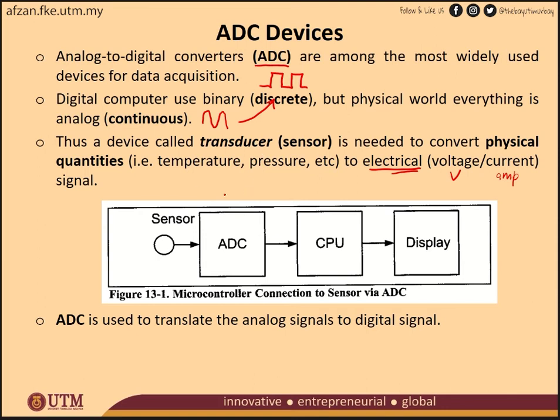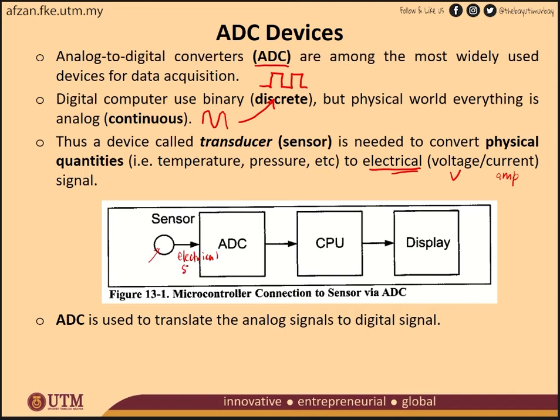So this is the overview of how to convert from an analog signal to a digital signal, in which first you read the physical signal by using a sensor. This sensor will take your physical signal and convert it to an electrical signal.